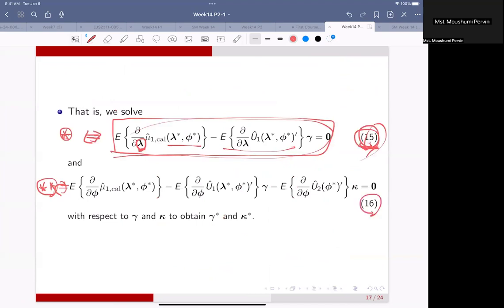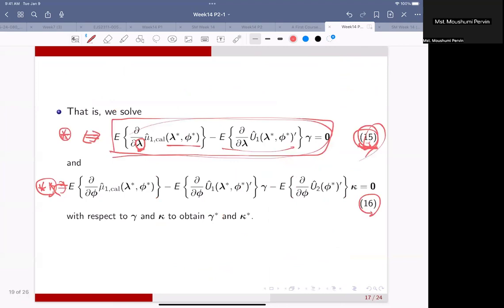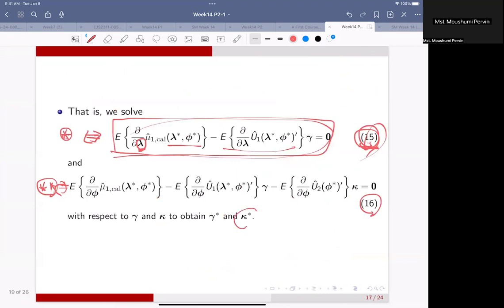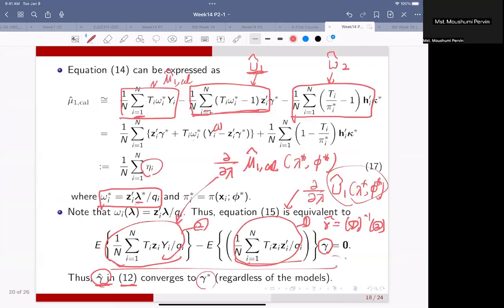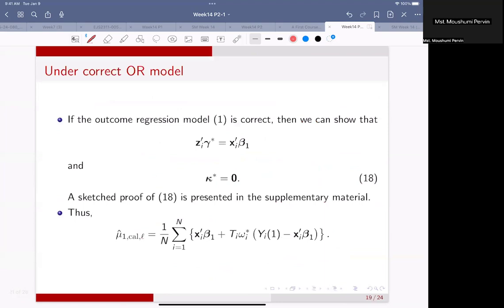Now, what about equation 16? So what is the form of the kappa star? Kappa star can change for each different model. So basically, the outcome regression model and the PS model.